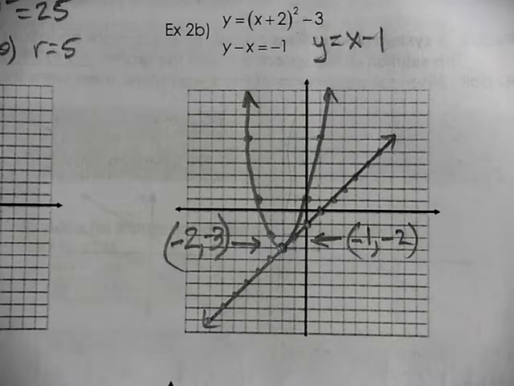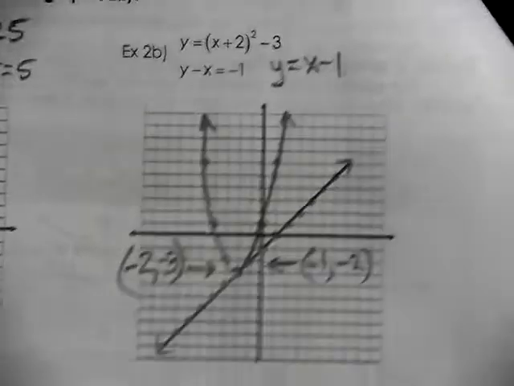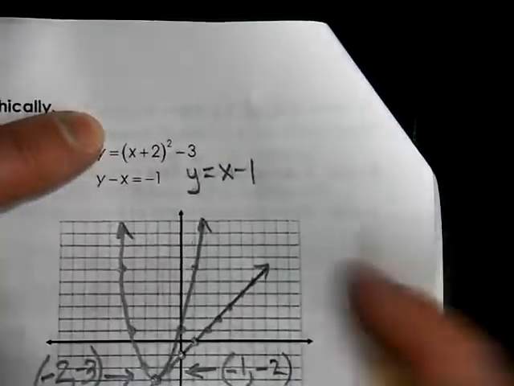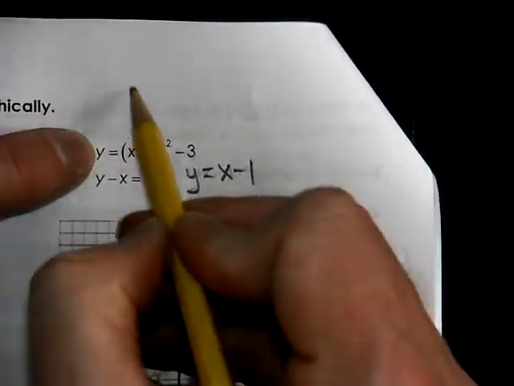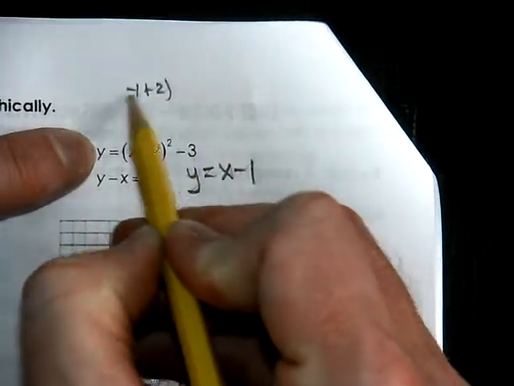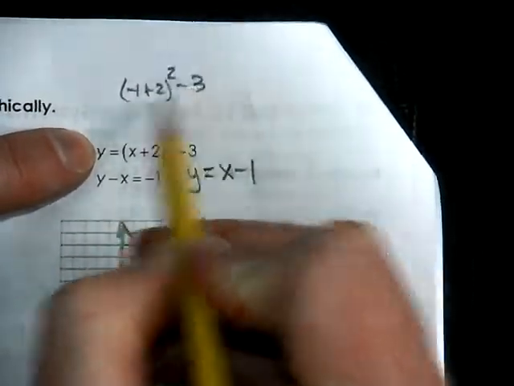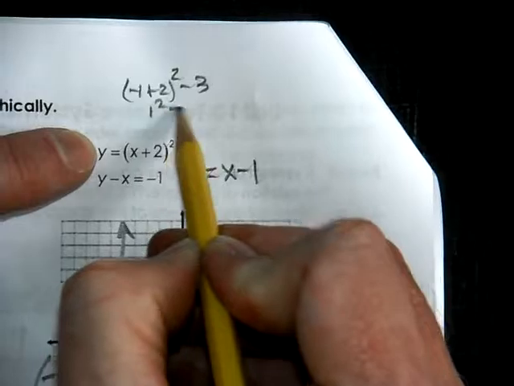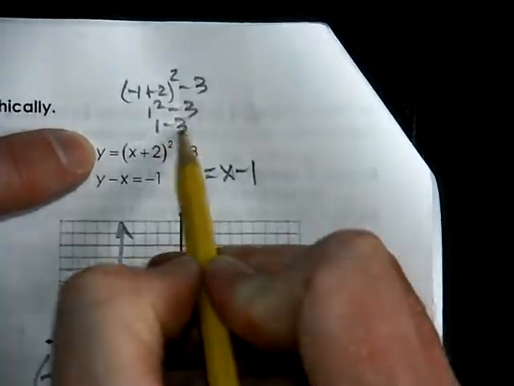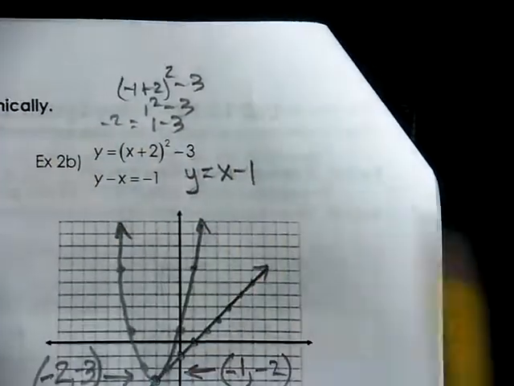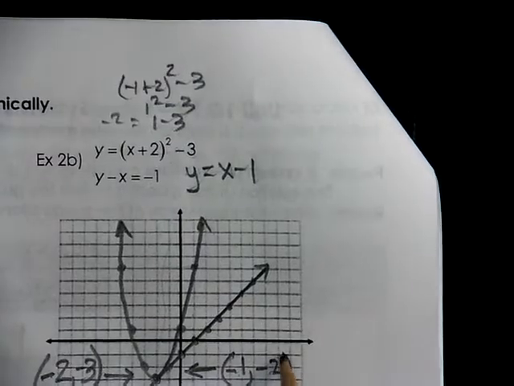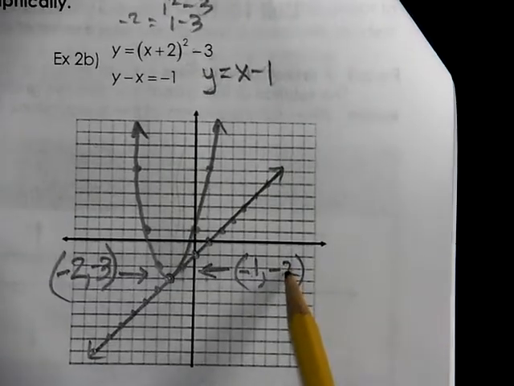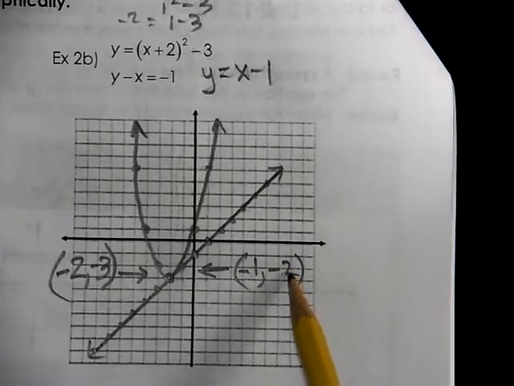Touches at 2 spots. We could test this out algebraically: you could plug in a -1 for your x, add those two together, square it, and you get the answer of -2. And that's what we said here. When we plug in -1, we'd get a -2 for the y.